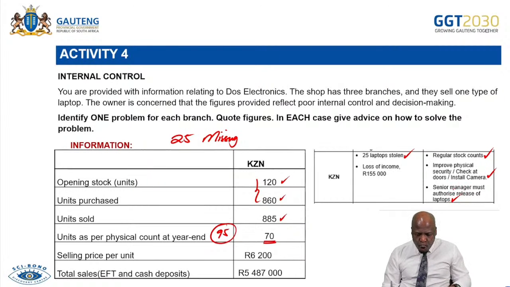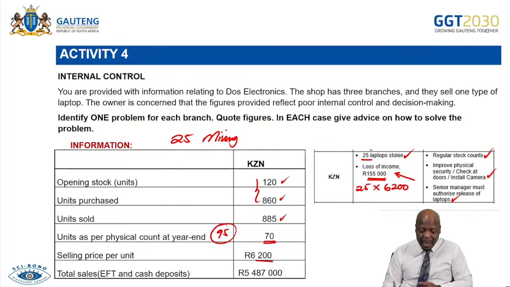Okay. So those laptops, remember, how many laptops are missing? It is 25 laptops, isn't it? And then each one is costing how much? 6,200. So if you say your 25 laptops that are missing and each one costing 6,200, you will see that we have a loss in income of 155,000 due to the 25 laptops that have been stolen.